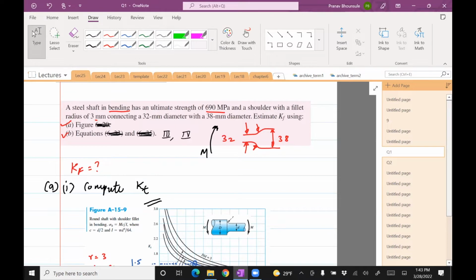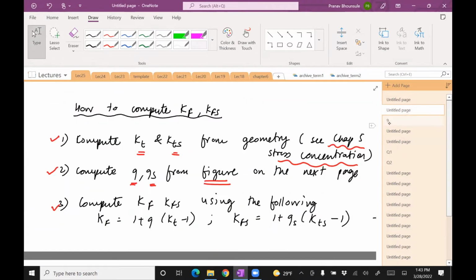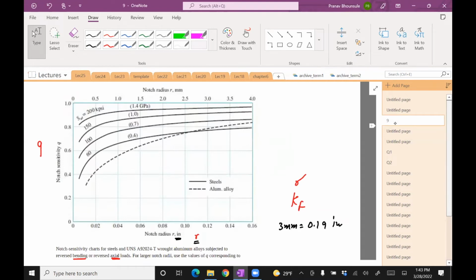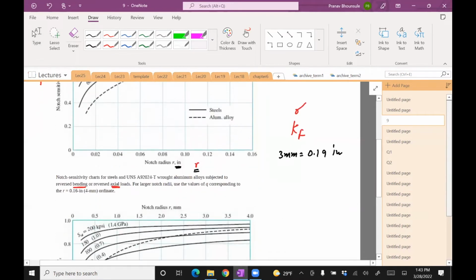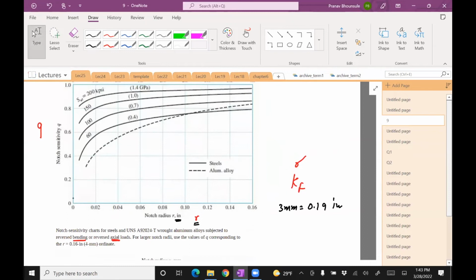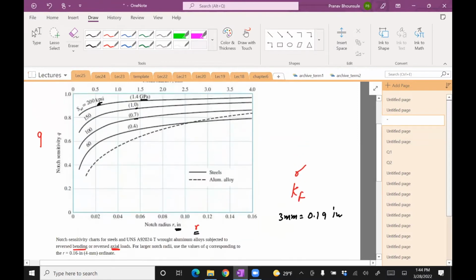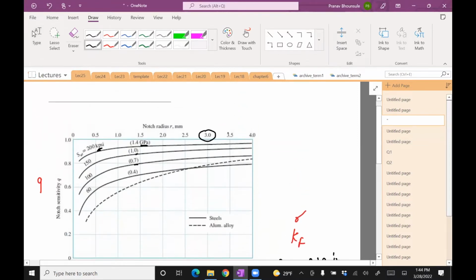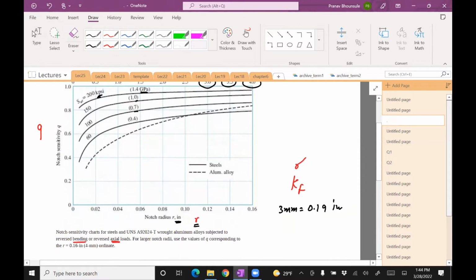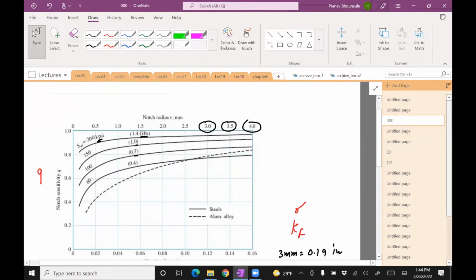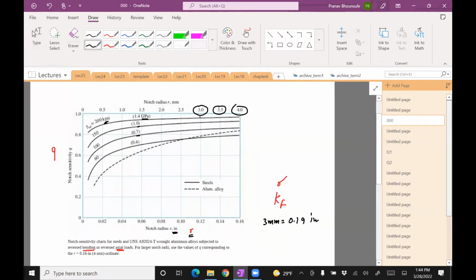So we need 690 and that measurement. Here it's given in GPa. I'm surprised they have also given it in mm. My bad, I should have seen this. So 3 mm. My conversion was off for some reason. This is 3 mm.